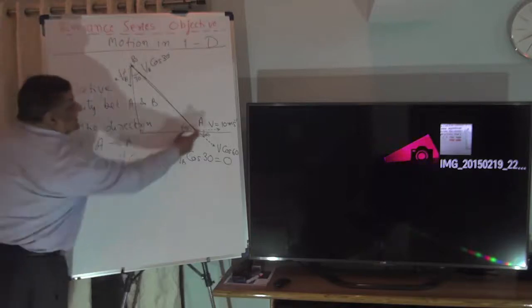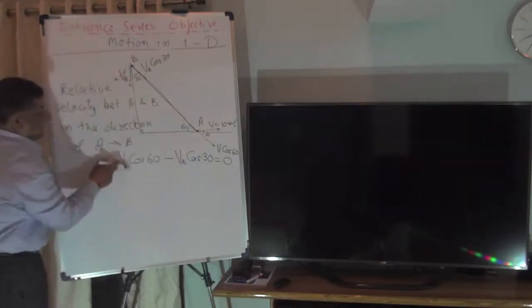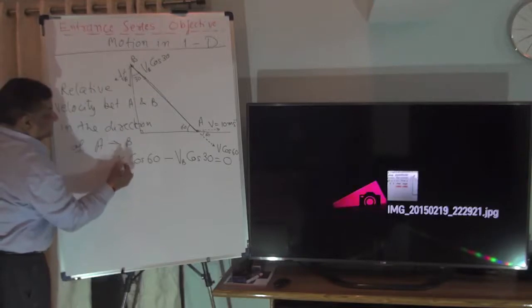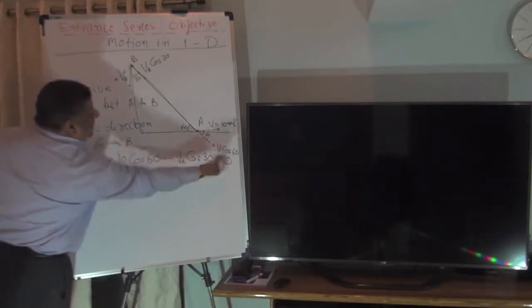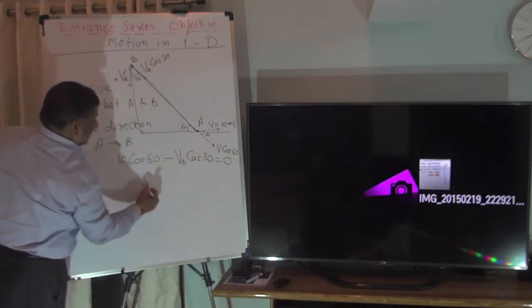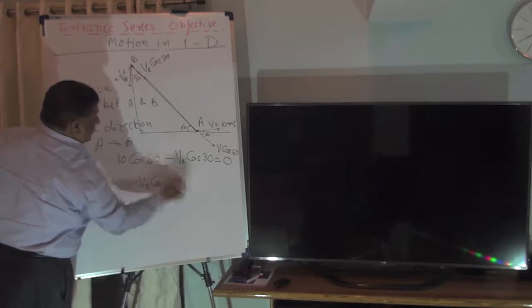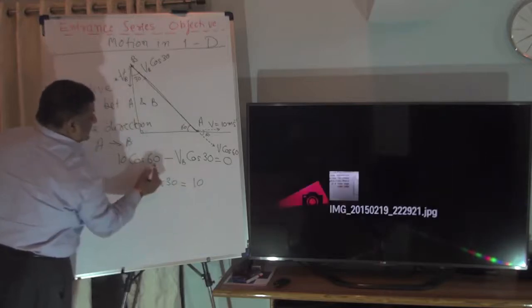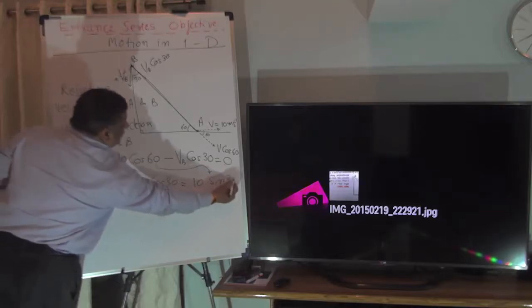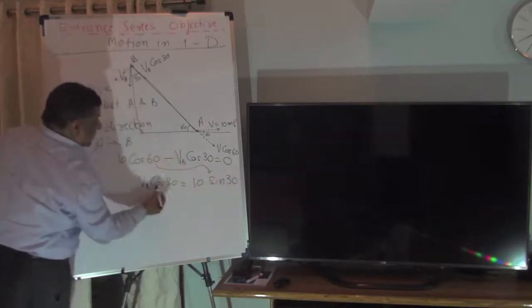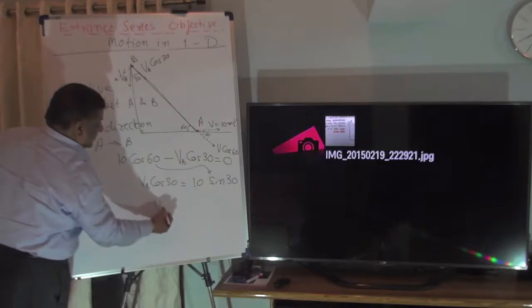Now in V cos 60, V is equal to 10, so we can write 10 cos 60 minus VB cos 30. We have to find VB. VB cos 30 is equal to 10 cos 60, and this cos 60 we can put as sin 30, you know that. So how much is VB equal to?